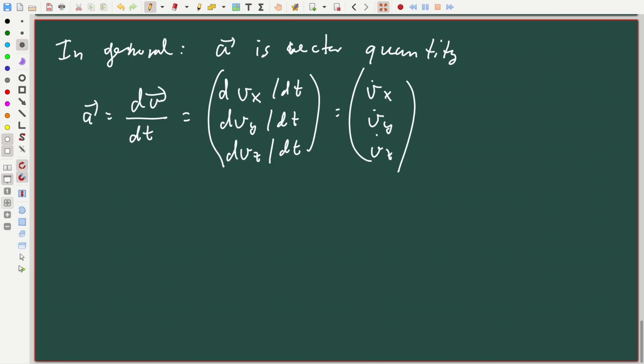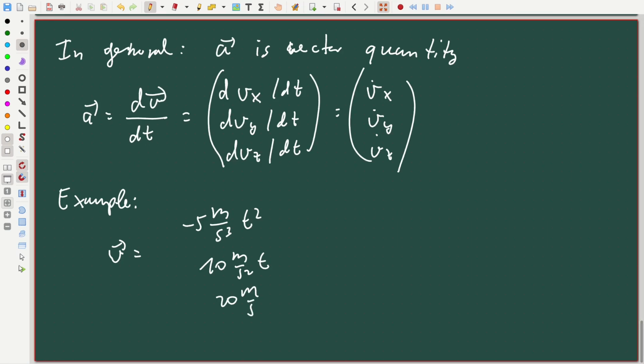And here we can make a very simple example, just to highlight it, but as you see, it will be very simple. Let's suppose we have our velocity vector, and we can just give some random values again: minus 5 meter per cubic second times t square. Again, this has to be the unit of meter per second. And here 10 meter per second squared times t, and here we could write maybe 20 meter per second as a constant.